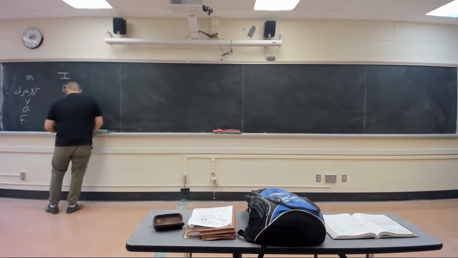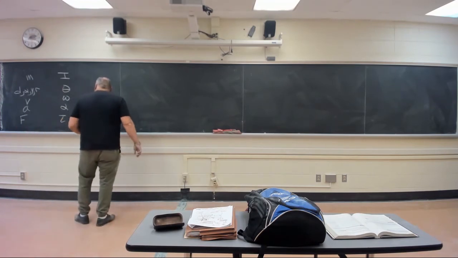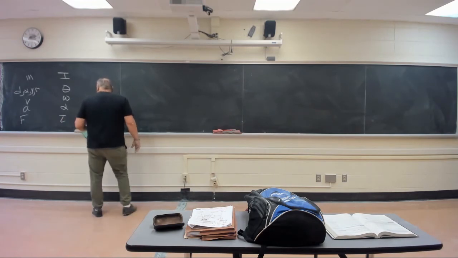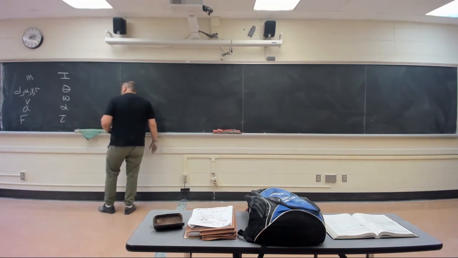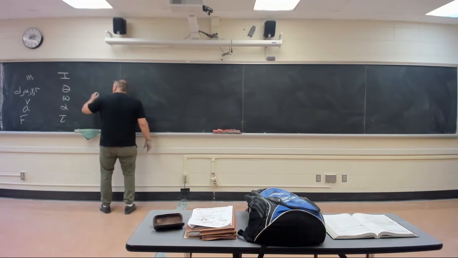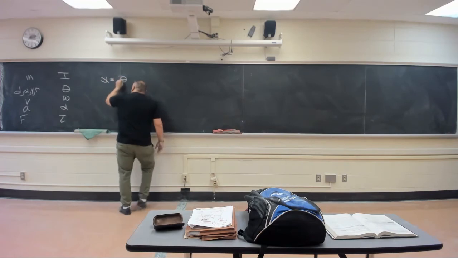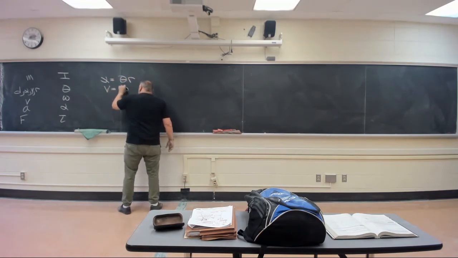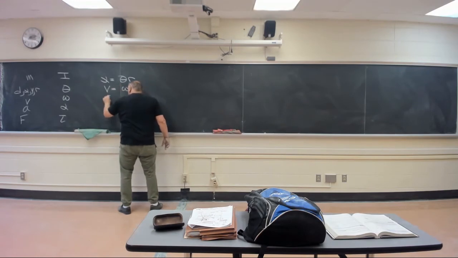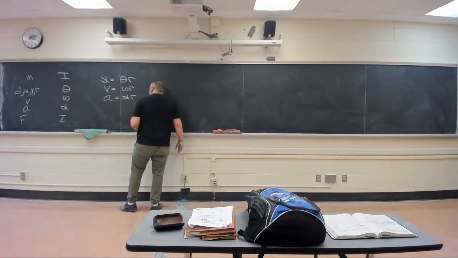We talked about torque. Pretty interesting stuff in its own right. So we talked about x being theta times r. We talked about V being omega times r. We talked about A being alpha times r.